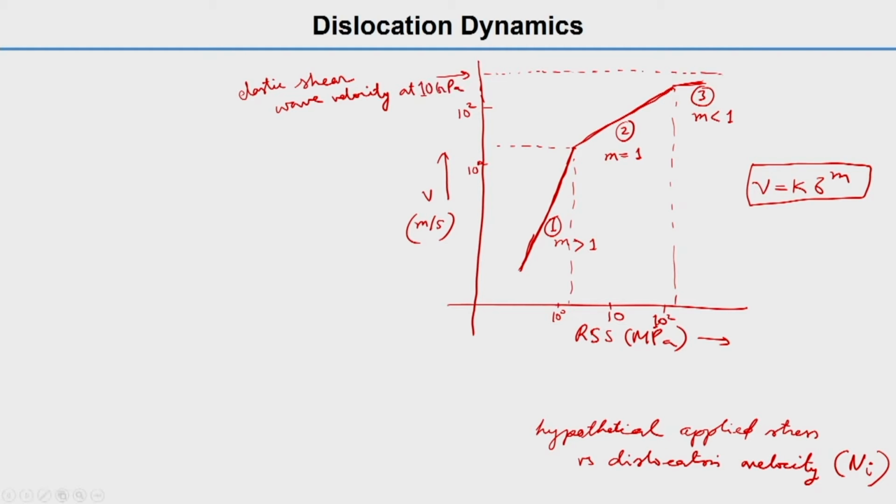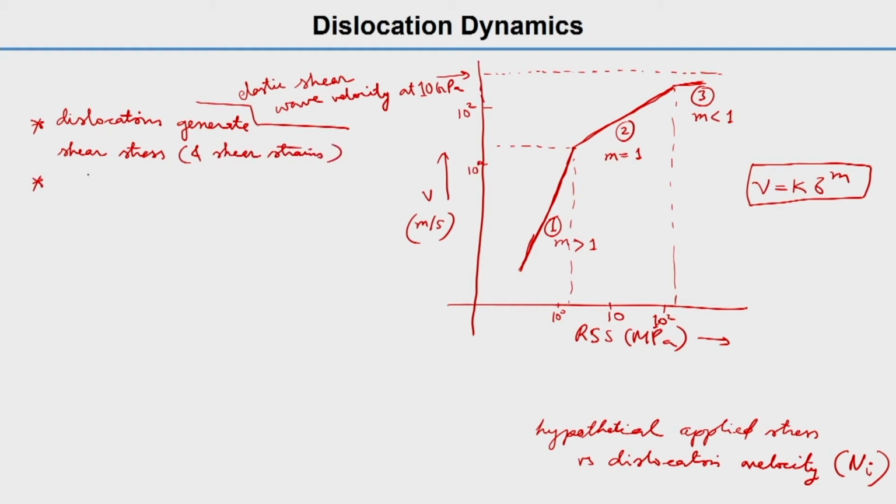What happens is, because this is all about dislocation dynamics, the dislocations, whether screw dislocation or edge dislocation, generate shear stress and also shear strain.